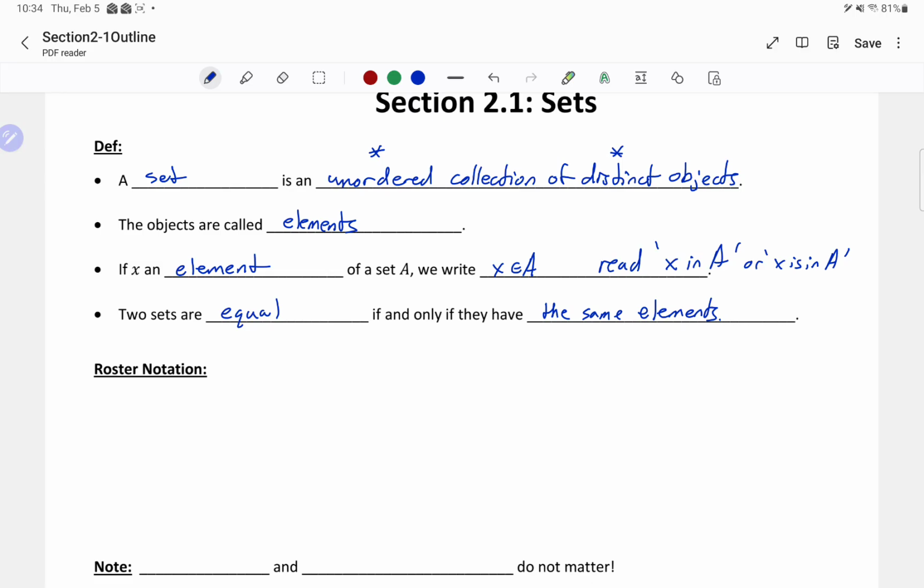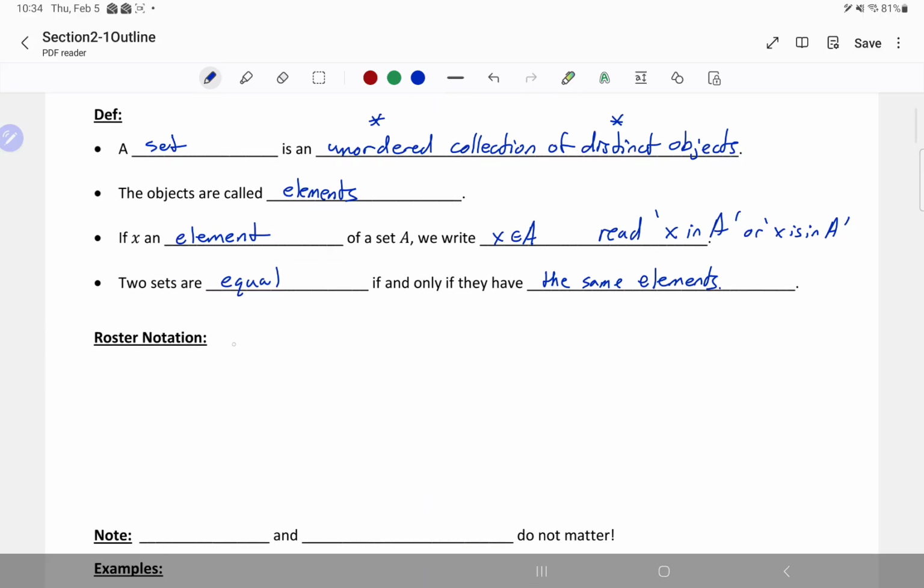So maybe we want to be able to actually write down a set. So I had this collection, my water bottle, my phone, and my notebook. I could write that as a set. The basic way of writing a set is called roster notation. And so we're going to use curly braces that look like this on each side.